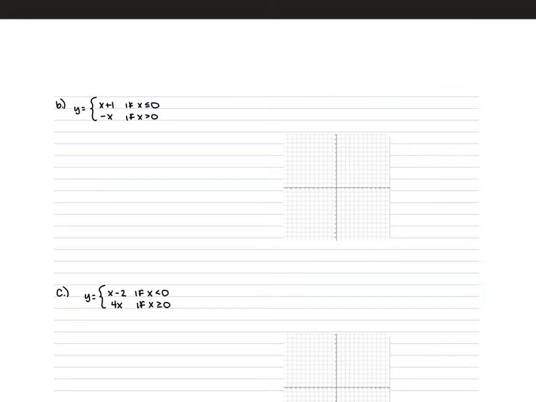So if I graph x plus 1, I have a y-intercept of 1 and a slope of 1. So my line's going to go through my y-axis at 1, and then it continues to go in each direction using that slope of 1.